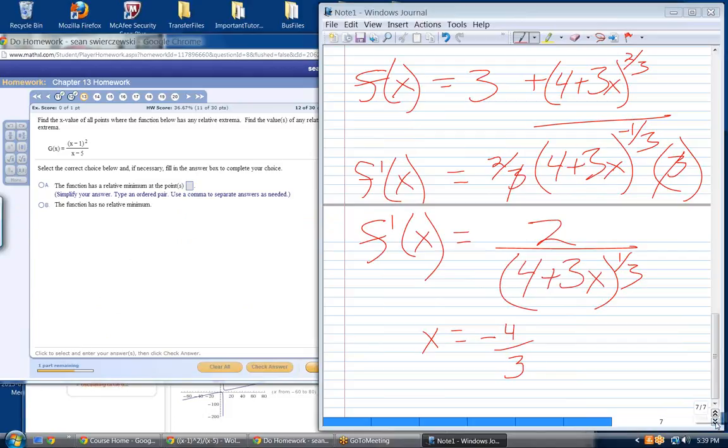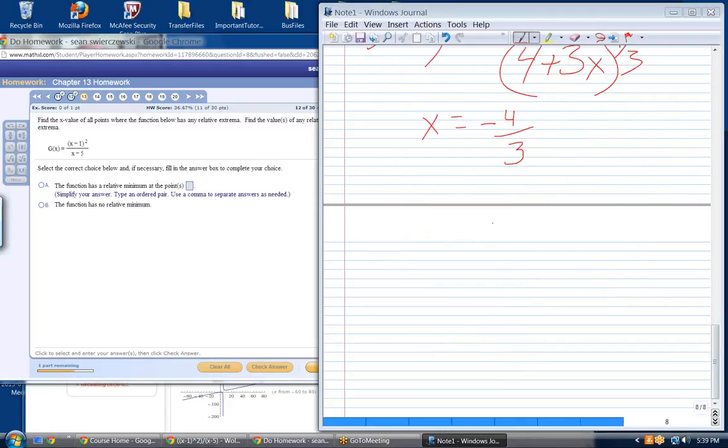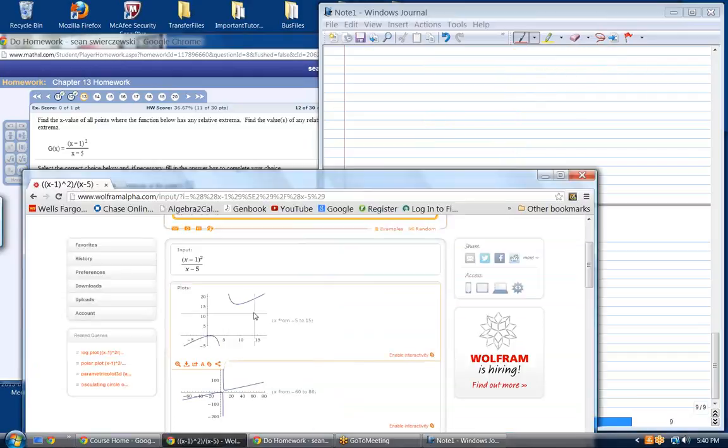I guess we have to do this the hard way. I'm trying to think if there's an easier way to find this value other than differentiating it. I don't think so. Notice that when we look at Wolfram Alpha, we're looking for wherever the first derivative is 0.